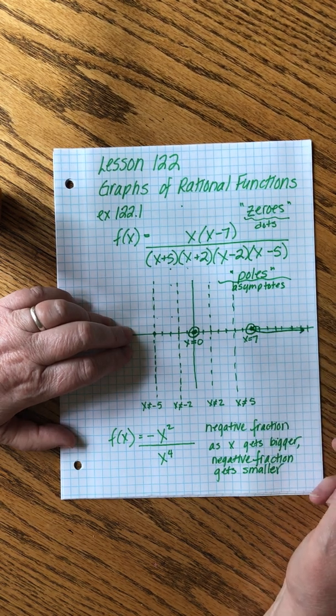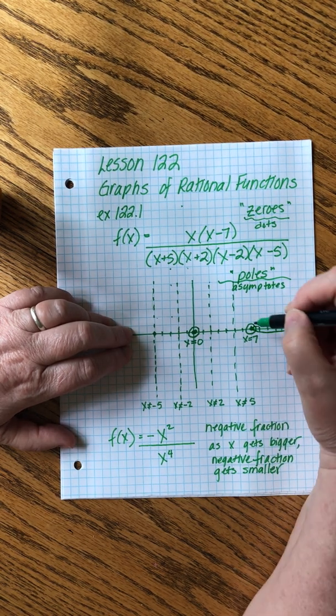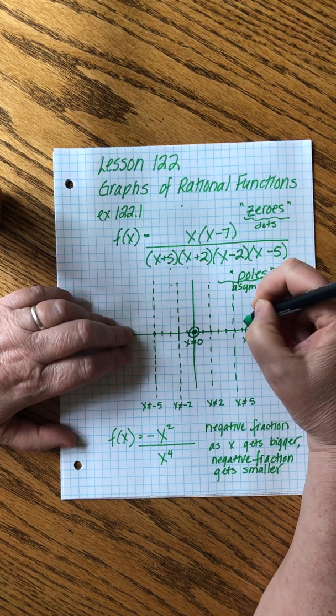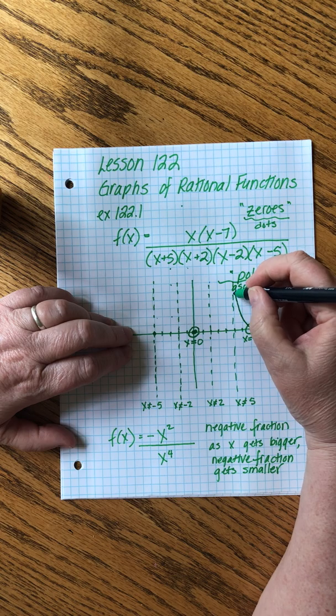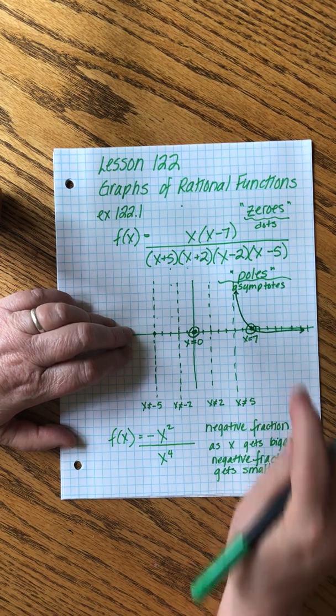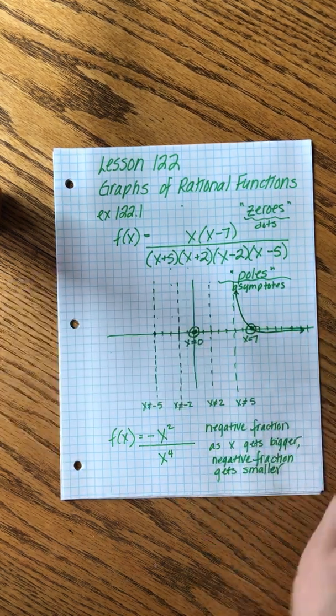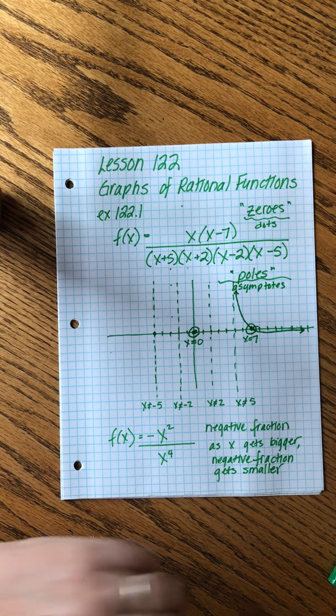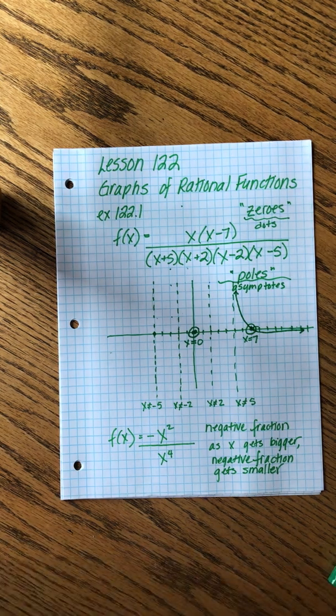Now, how do we continue to graph this? In order to graph this curve, we see that this has to go up, right? Now, we said that the poles are places where the graph must jump across, is what we said, which is kind of a weird expression.